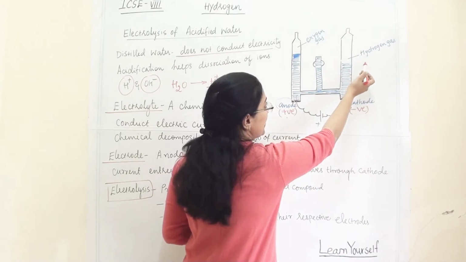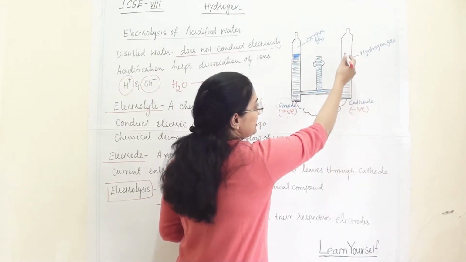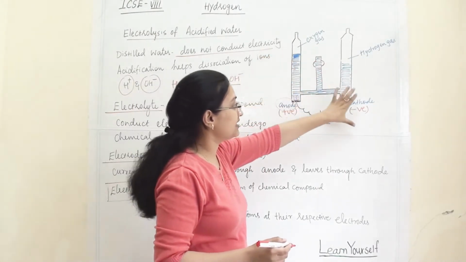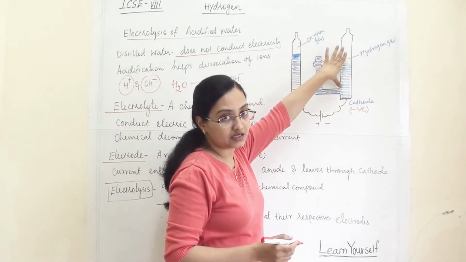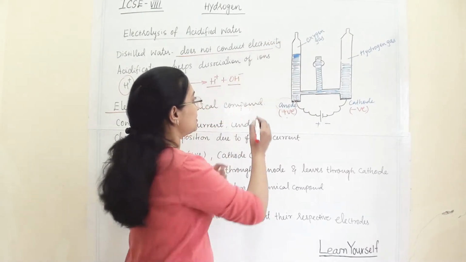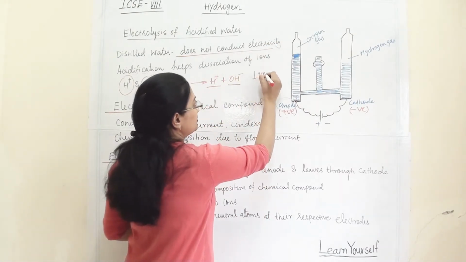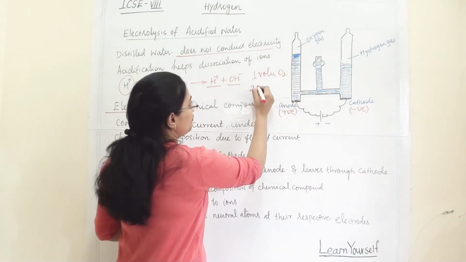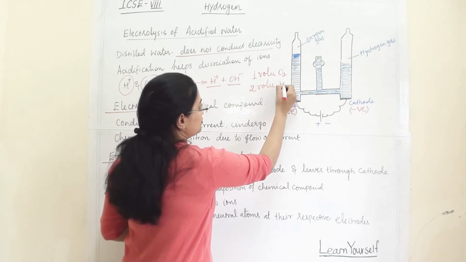So we collect oxygen gas at the anode terminal and hydrogen gas at the cathode terminal. Here, if you see, when we get 1 volume of oxygen, we will get 2 volumes of hydrogen gas.